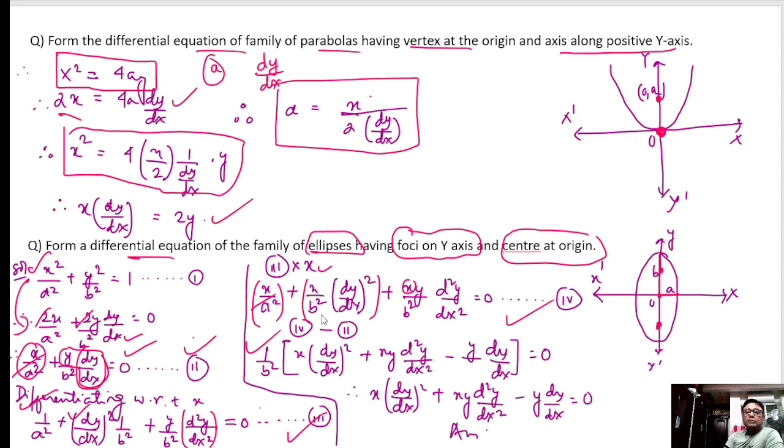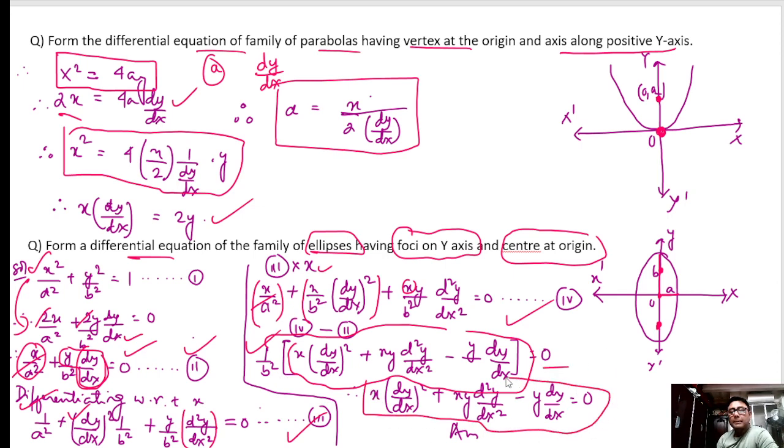Now this whole expression should be equal to 0, and which is the differential equation, because b cannot be 0. You see, b cannot be 0, so this has to be 0. So this is our differential equation.